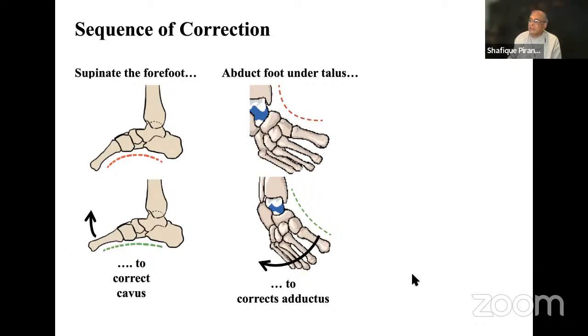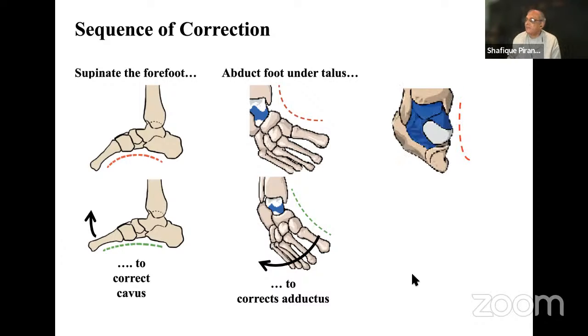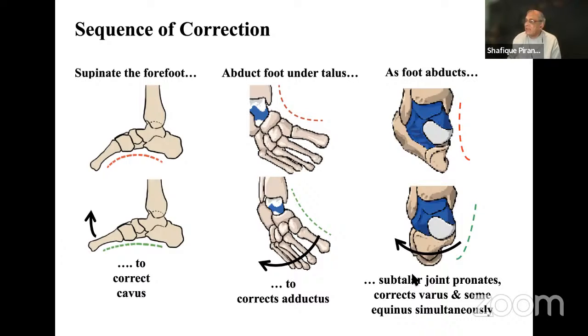And when we abduct the talus under the calcaneus, from what we understand about the functional anatomy of the subtalar joint, as we abduct the talus, the subtalar joint will pronate automatically and correct varus and some of the equinus simultaneously. So the trick is, the sequence of correction is supinate the foot and then abduct the forefoot under the talus, abduct the forefoot to abduct the calcaneus from under the talus. And as you abduct the calcaneus, it's going to evert and extend simultaneously, and we'll get automatic correction of those components.